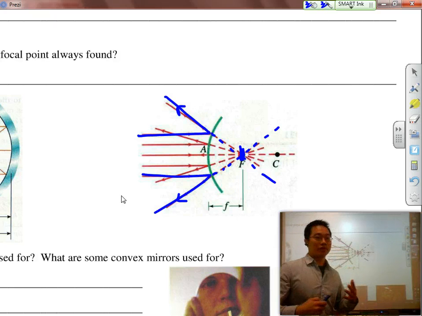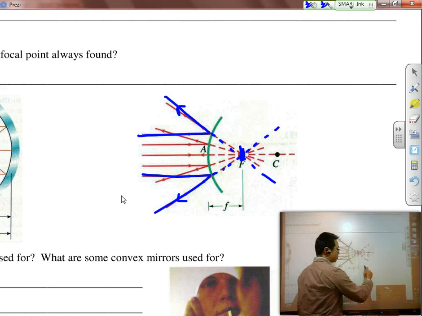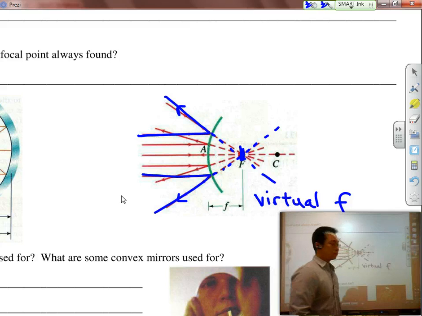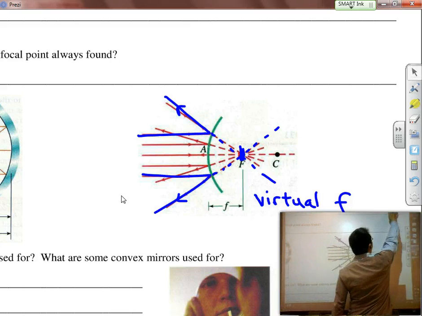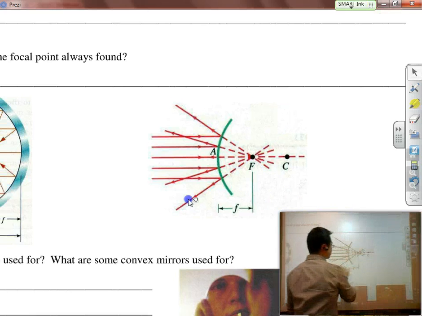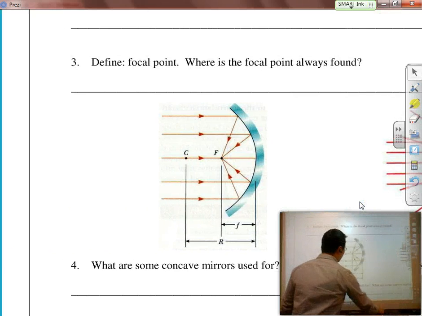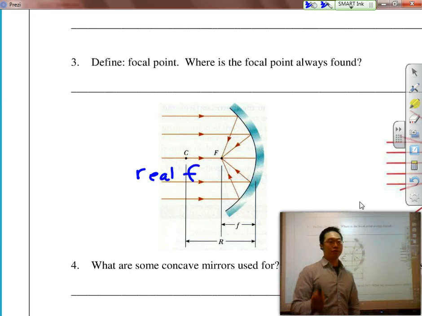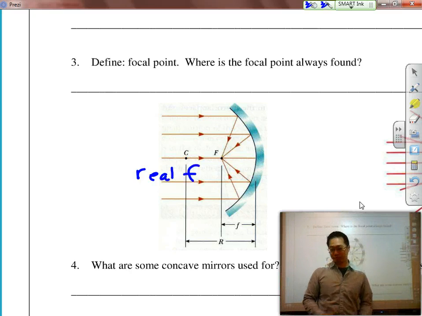No. But for our purposes, that is where the rays would converge, so we call this a virtual focal point. While the concave mirror has a real focal point, because that's where the light rays actually go.